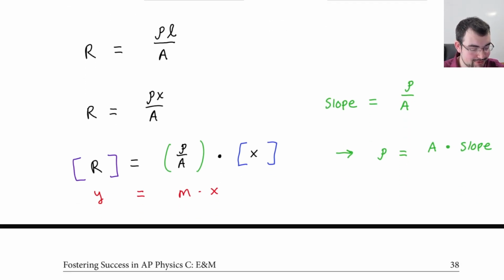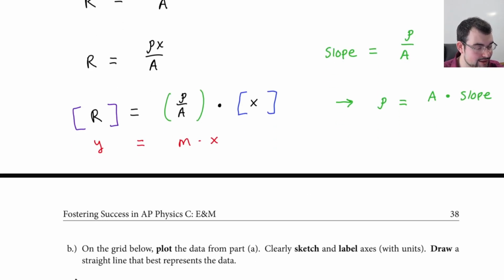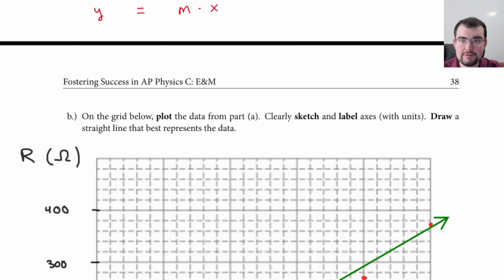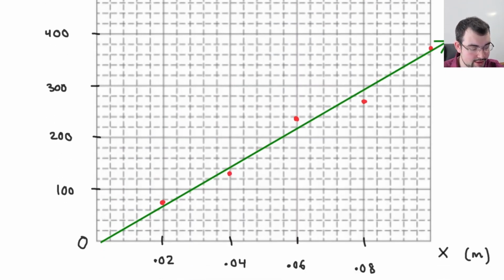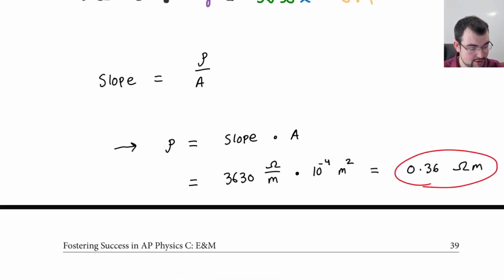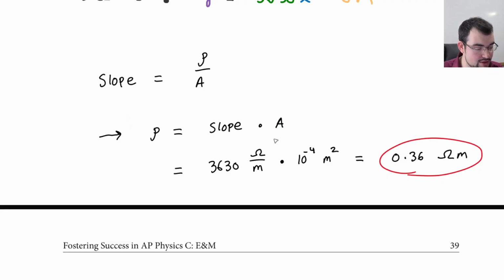But most people prefer to graph the simplest possible relationship that involves little transforming, and then you just do some math with your slope at the end. Both are totally valid. So if you disagree on how to linearize, as long as it's a straight line, it's probably right. You just have a different relationship. So if you graph something else, maybe you don't get slope is rho over A. You get some other relationship. Totally valid. All right, that's our microscopic current and resistance.